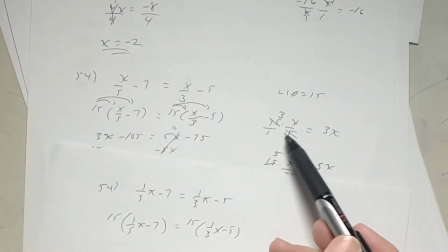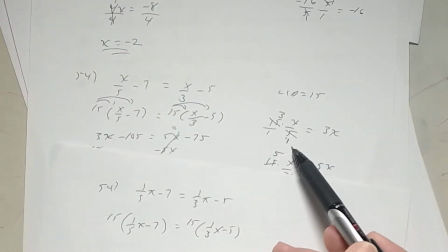All right, and so the only difference, instead of saying right here 15 times x divided by 5, you'll say 15 times 1 over 5x. Okay, which is the same thing. 5 and 5 is 1, 5 and 15 is 3, and you get 3 times 1 times x, which is 3x. Okay?